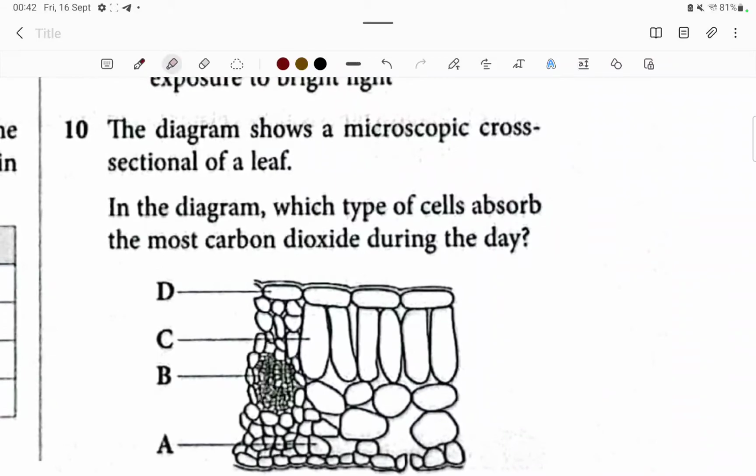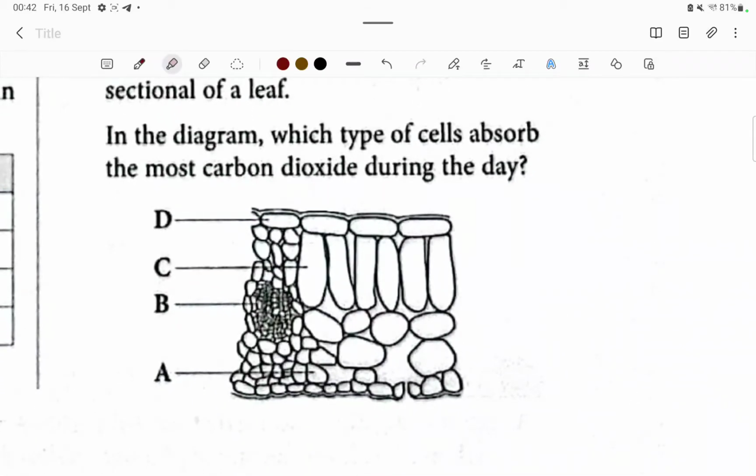The diagram shows a microscopic cross-section of the leaf. In the diagram, which type of cells absorb the most carbon dioxide during the day? So let's see. D is actually epidermal cells.